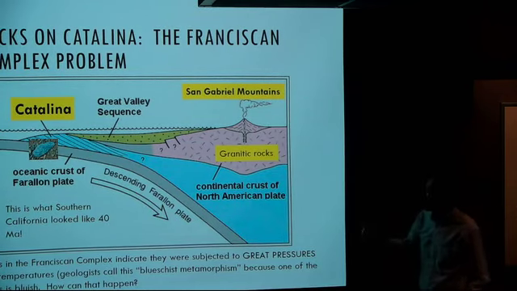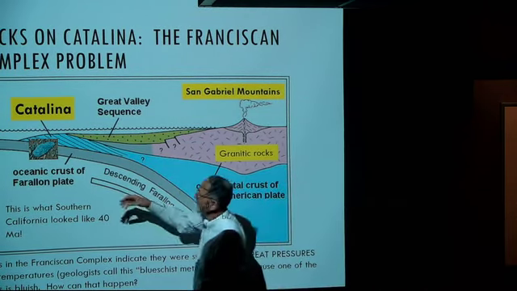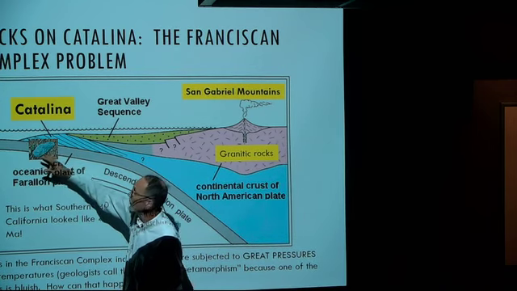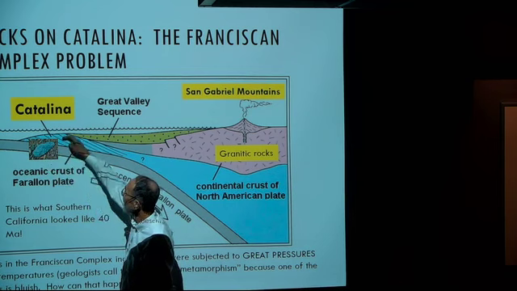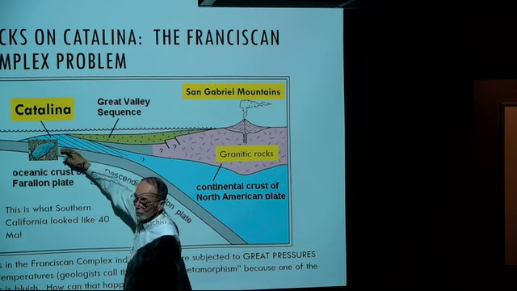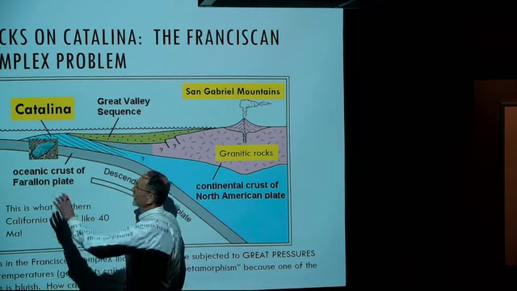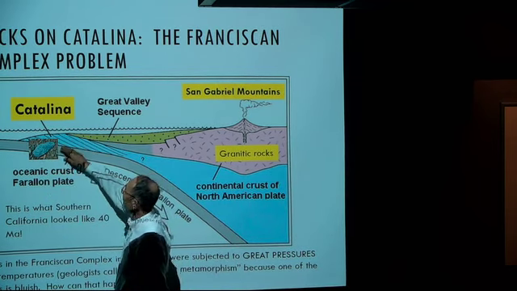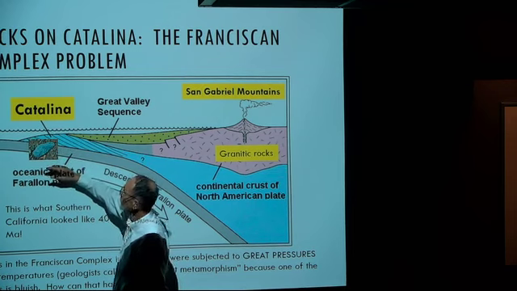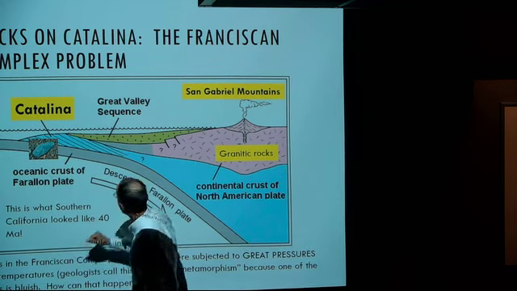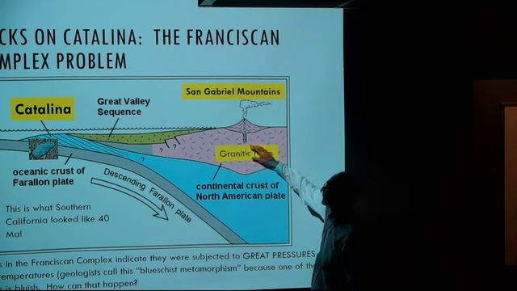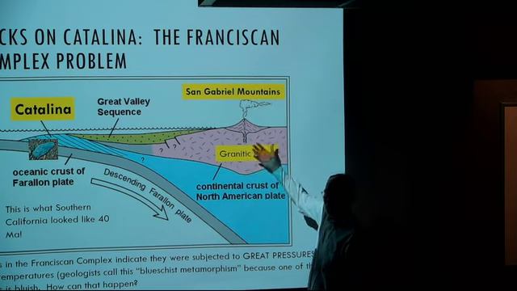So today we can go to Catalina and we can stand on the hills of Catalina and we can see blue schist, which is this rock that's formed at very high pressures but at relatively cold temperatures. The idea being that as you subduct rocks, they're pretty cold rocks, but they're at great depth, so we have minerals associated with great depth and cool temperatures, as opposed to underneath, say, the San Gabriel Mountains, where you have a volcanic chain, and at the same depth you might see molten magma.